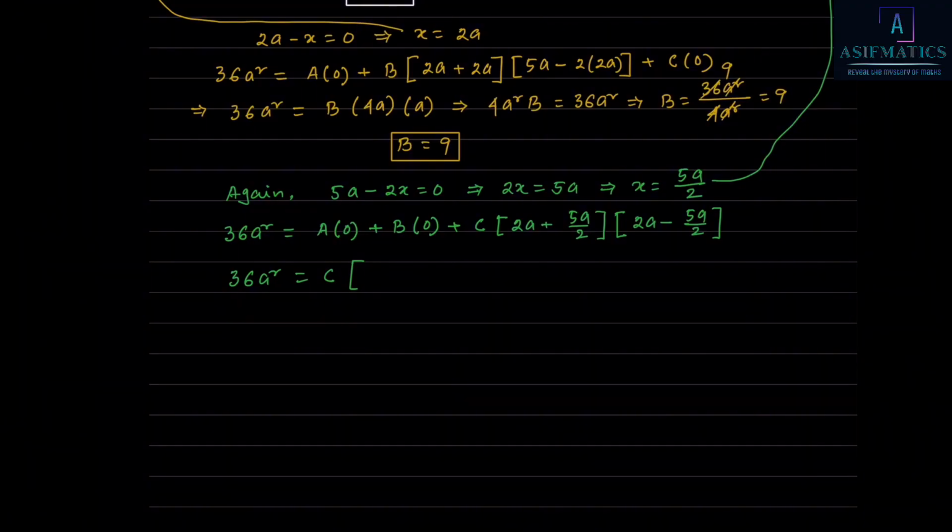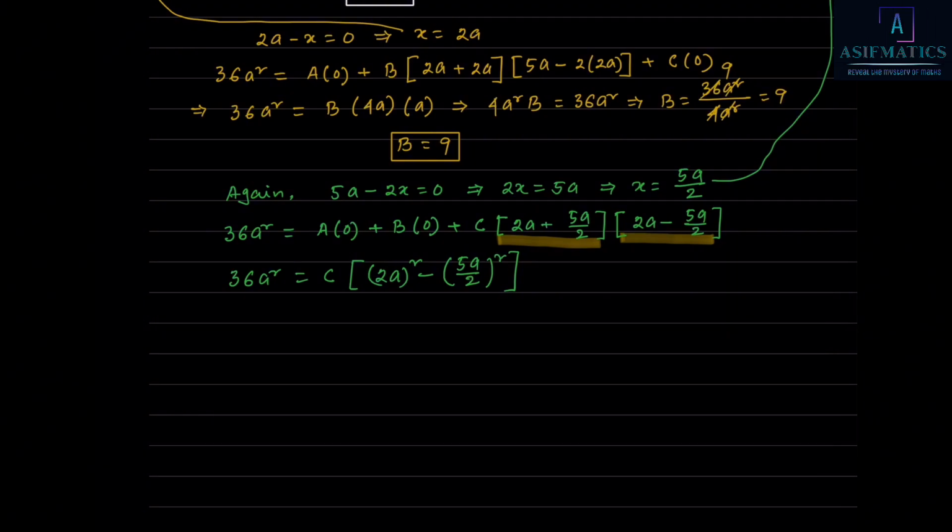That will be 2a square minus 5a by 2 square, because this is in a plus b into a minus b form, so we can directly write a square minus b square.